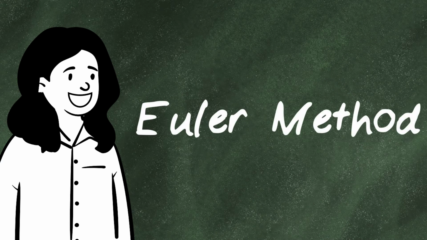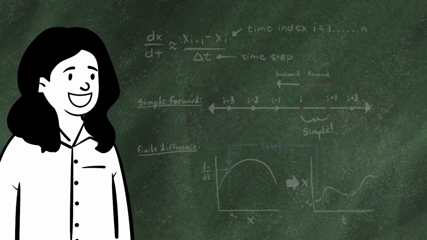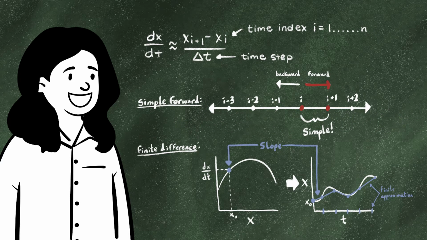The key to the Euler Method is that we replace the derivative in our model equation by a simple forward finite difference equation. This is a complicated way to say that we have dx/dt, so we are just going to assume a time stepping type of problem here, and we replace it by this term.